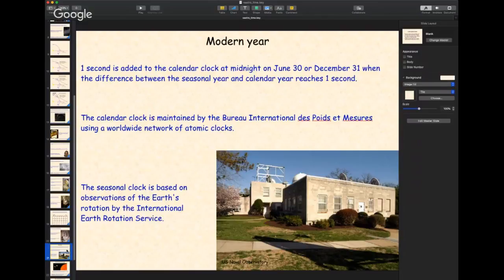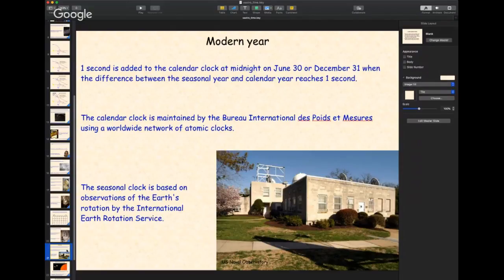And so the seasonal clock is what actually sets that, and that is Earth's rotation. And Earth's rotation changes. The Earth deforms a little bit, it slows down. Lots of things can change the rotation rate of the Earth by small amounts. And so there is an entity, the U.S. Naval Service, in this lovely building shown here on the right. It looks like, I don't know what.